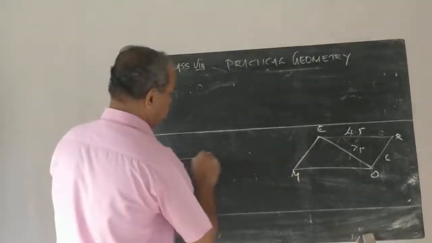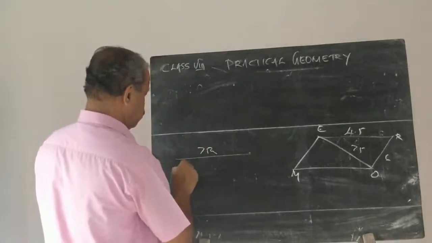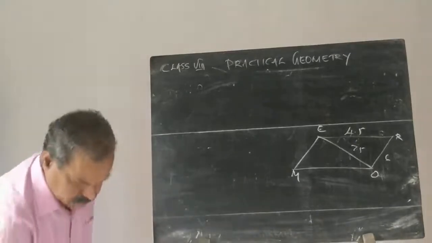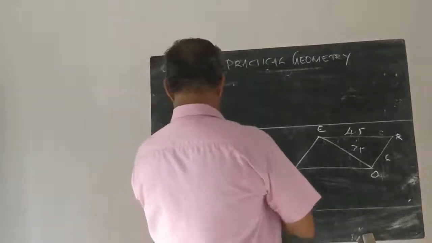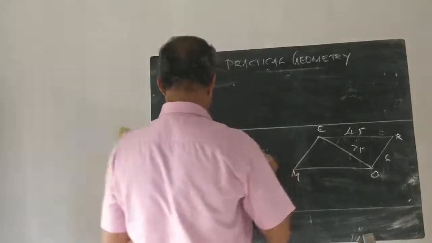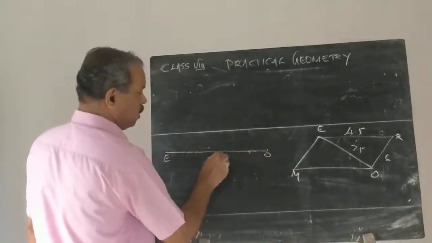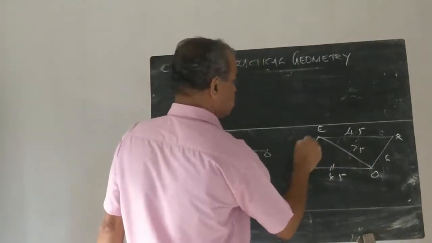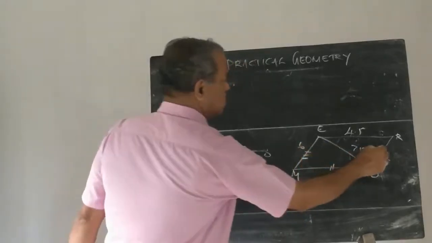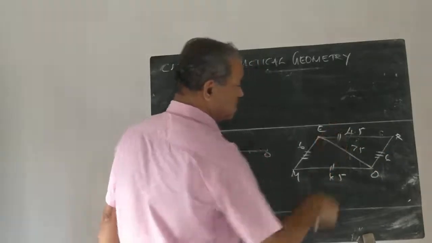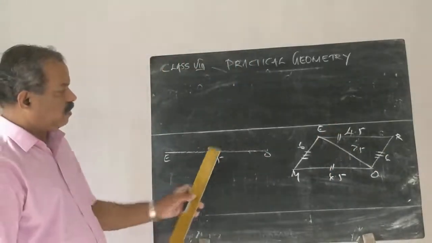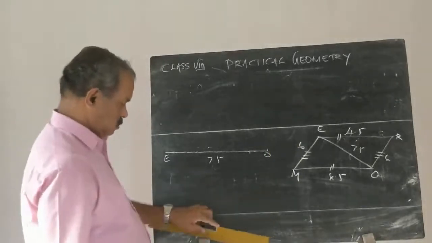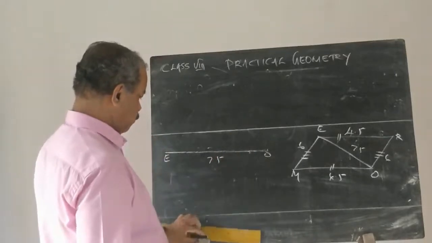So first we can draw EO 7.5. Opposite sides of a parallelogram are equal. So what is the measure of this? Also 4.5. This also 6. These two are equal, and these two are equal. So we can construct a triangle with sides 7.5, 6 and 4.5.